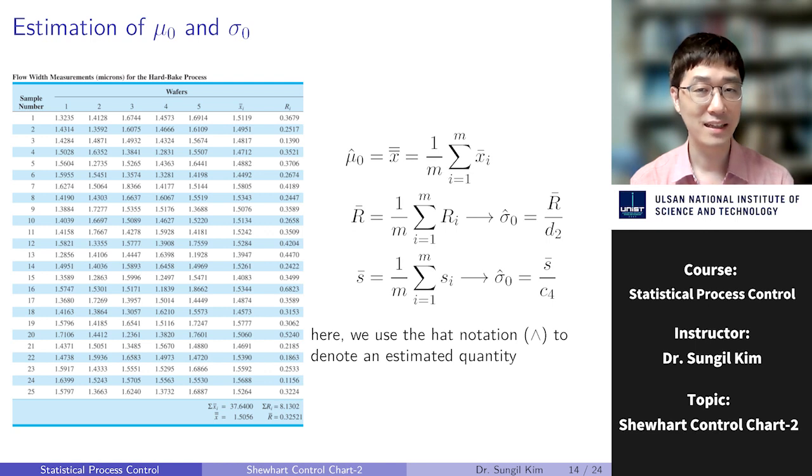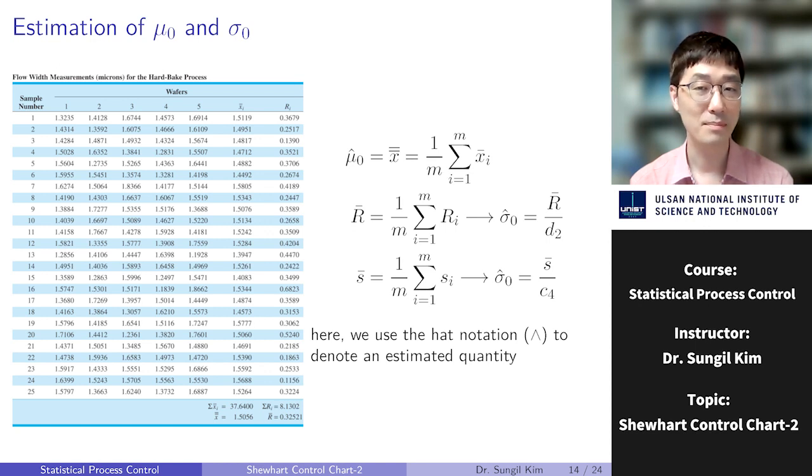Let's revisit the hard-to-bake process example. Suppose these 25 samples are historical data. From each sample, we calculated sample mean and sample range. By taking an average of those 25 sample means, we can estimate mu0.